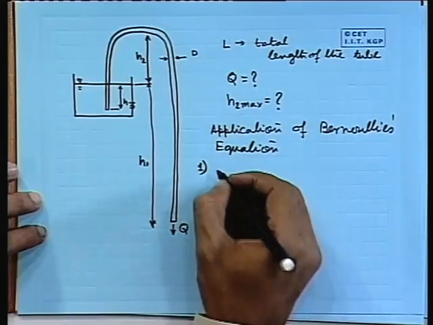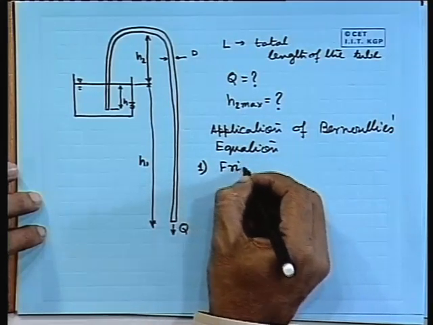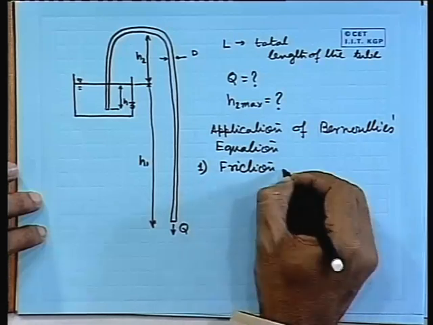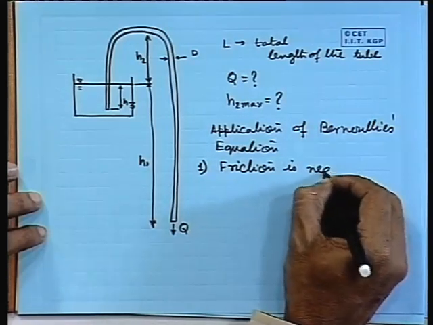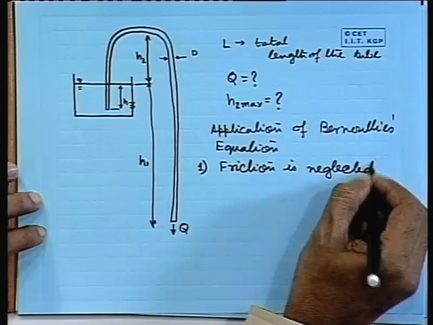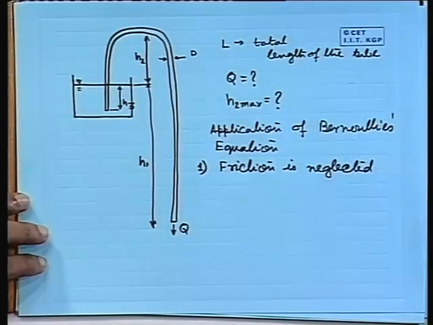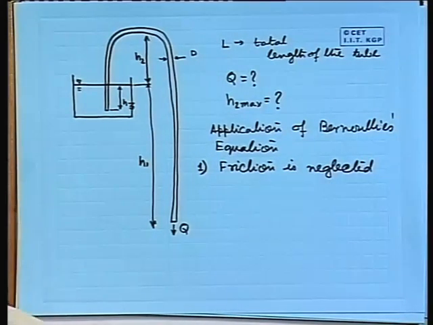Case 1, friction is neglected. First case, we are neglecting friction. All right. Then if I apply Bernoulli's equation, how should we apply? Between which 2 points we should apply Bernoulli's equation?